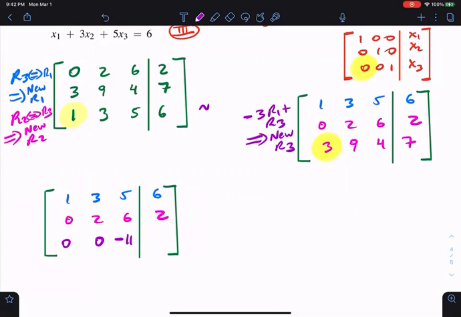Then -3 times 6 is -18; -18 and 7 gives you -11.